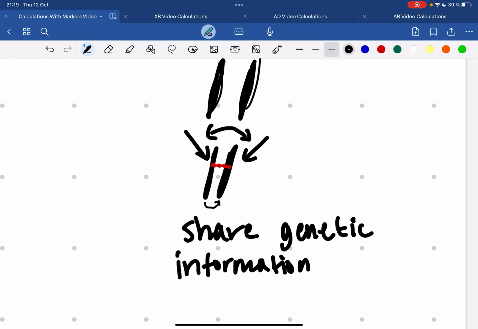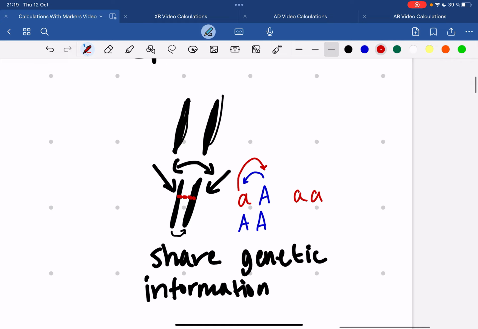It's very random, but there is a small chance that instead of having two different alleles, let's say A and A, this copies its information into here, so we get this, or this copies its information into here, so we get this instead. However, the markers are not going to change.